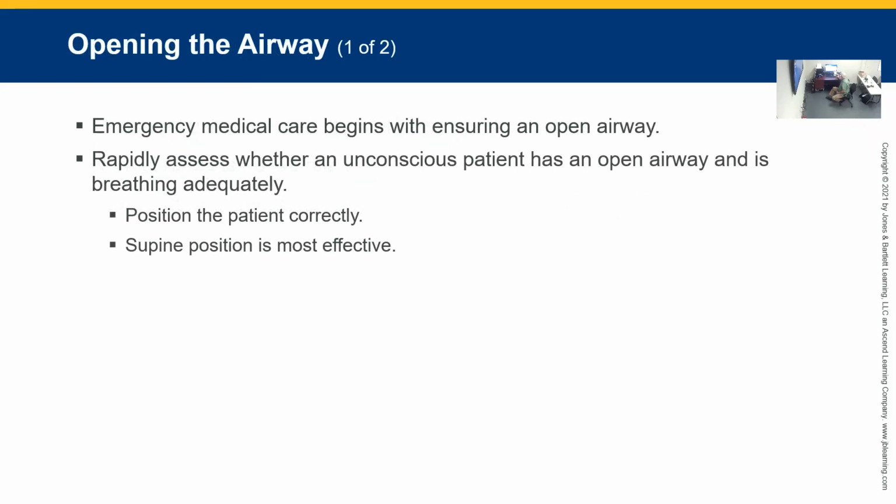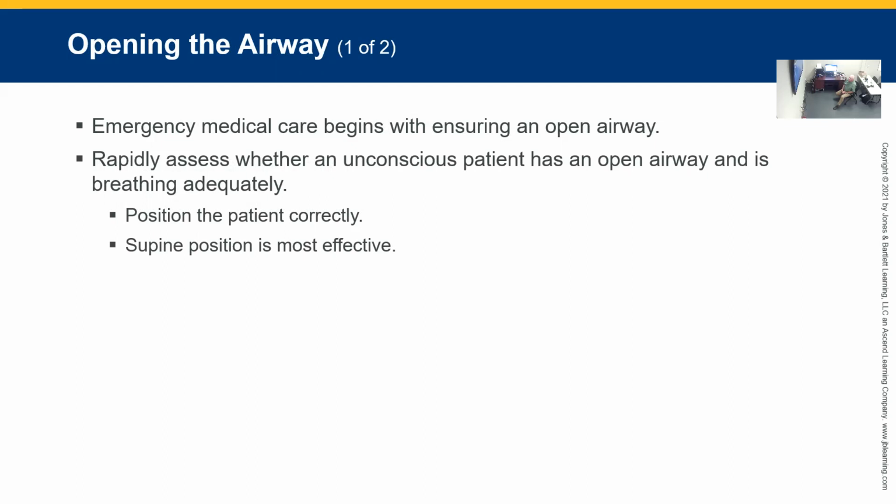So what you want to do is make sure that you have an open airway. If these patients are unconscious, their tongue may fall back. And actually, the most common cause of an airway obstruction is your tongue. They get so relaxed that, for any of you that snore, that's actually what's happening.